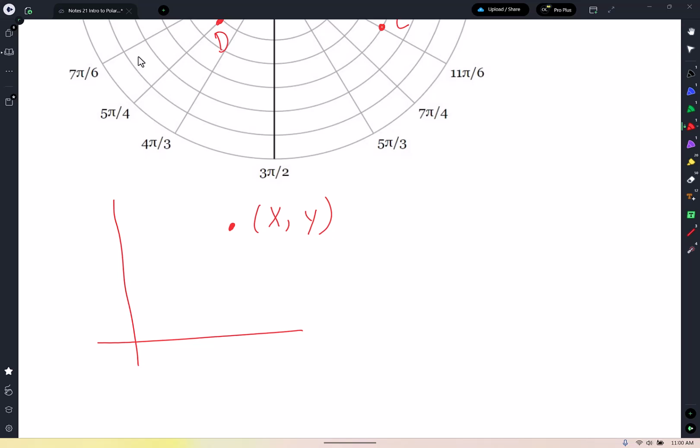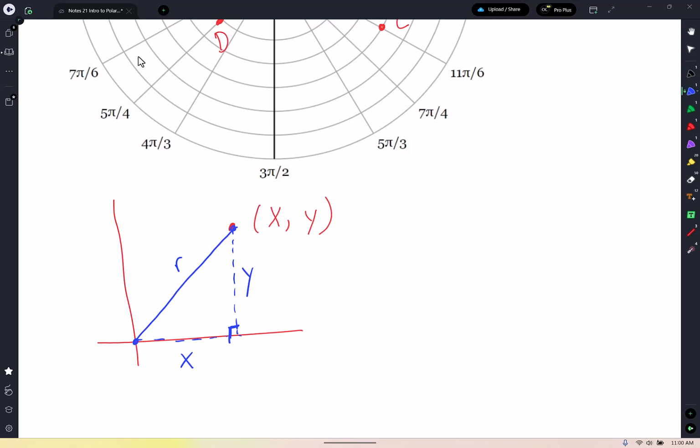Well, if we're doing it in polar, the distance from the origin to that point, that's r. And notice that I can draw a reference triangle here. So this is my right angle. The horizontal displacement has to be x, and that vertical displacement has to be a y.